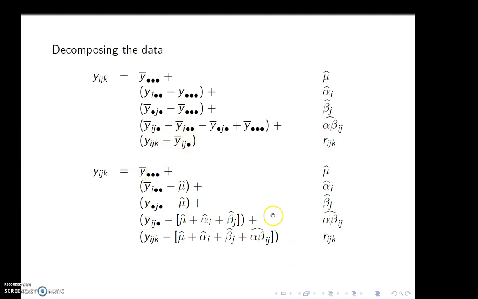So if we plug it in using the effect notation, we get the global mean estimator. I would have put mu hat there personally, minus the first treatment mean minus the global, minus, now this is the part to pay attention to, the interaction mean minus everything else.